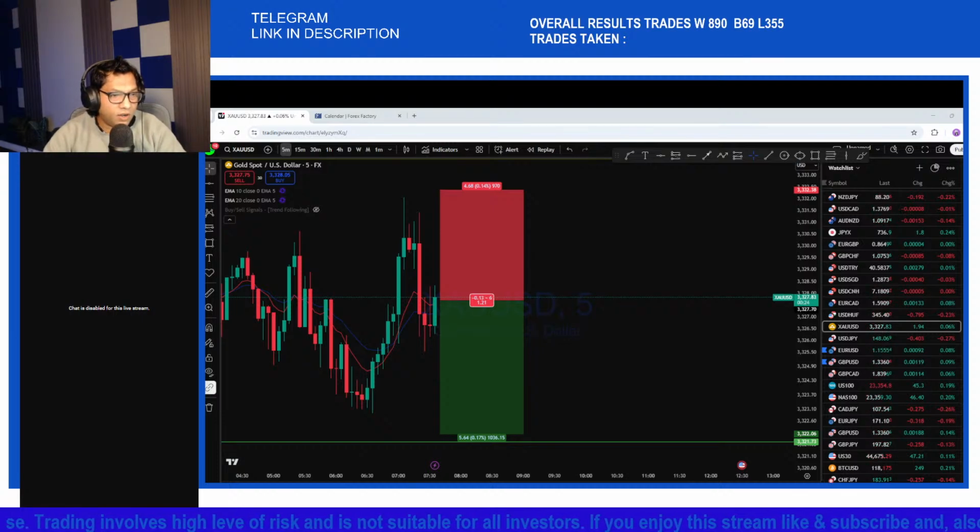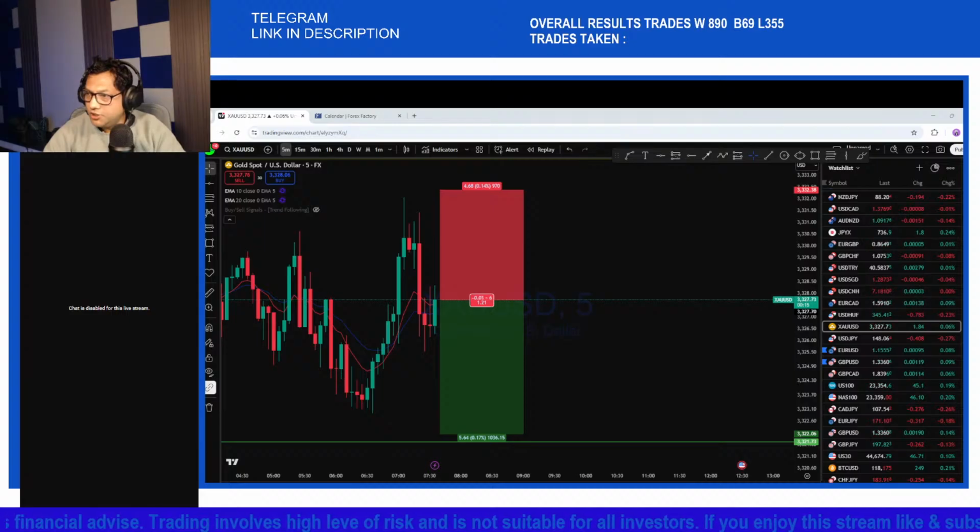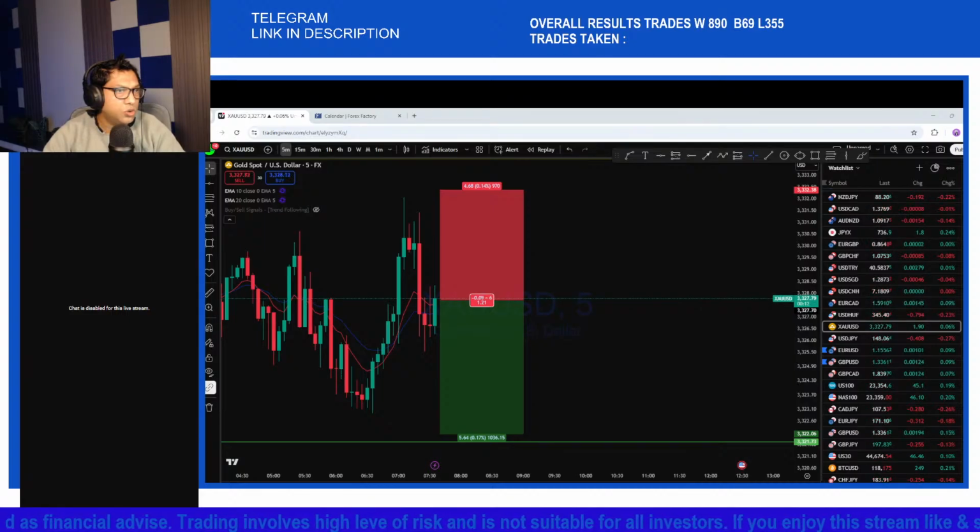So I have opened a sell here on Xauusd for this potential break below, targeting the 3322 level.